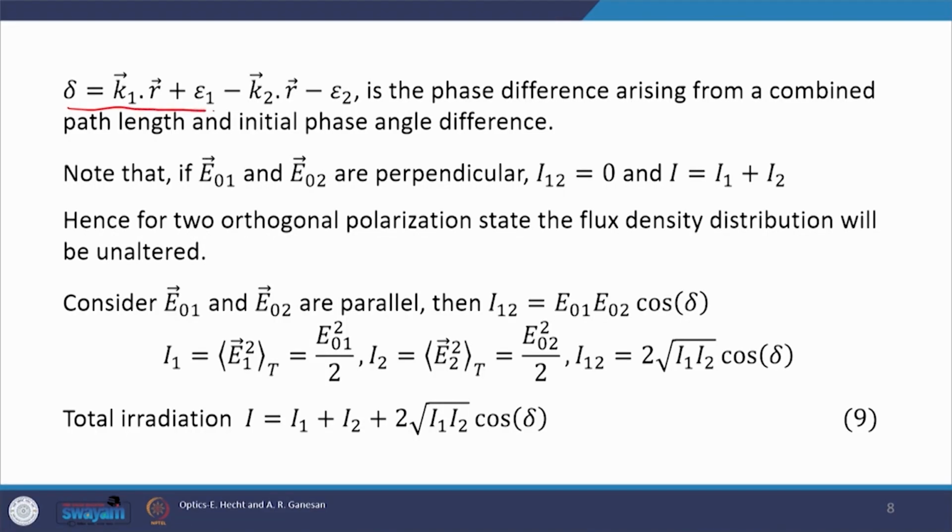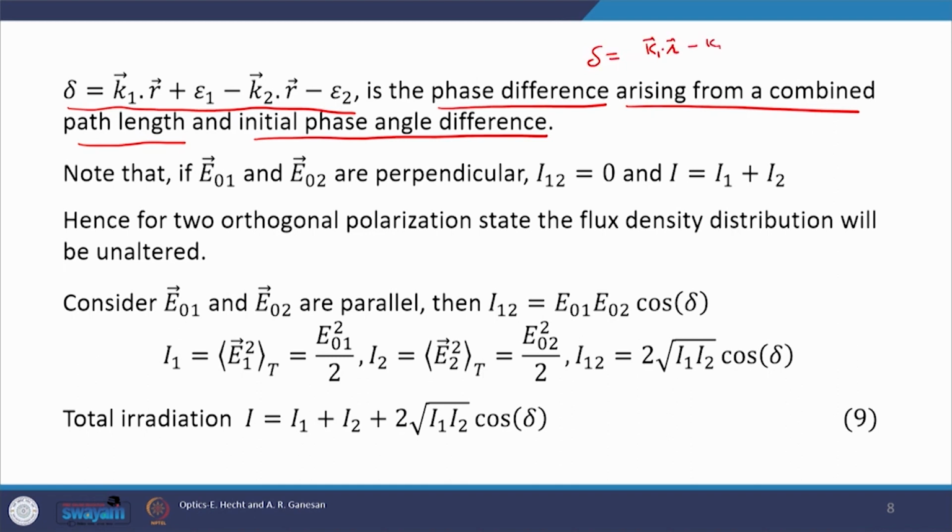This means this delta, which is appearing in equation number 8, is a phase difference. And this is what is written here: delta is equal to k1 dot r plus epsilon 1 minus k2 dot r minus epsilon 2, defined as the phase difference arising from the combined path length and initial phase angle differences. If you rewrite this expression, delta is equal to k1 dot r minus k2 dot r, in brackets, plus epsilon 1 minus epsilon 2.